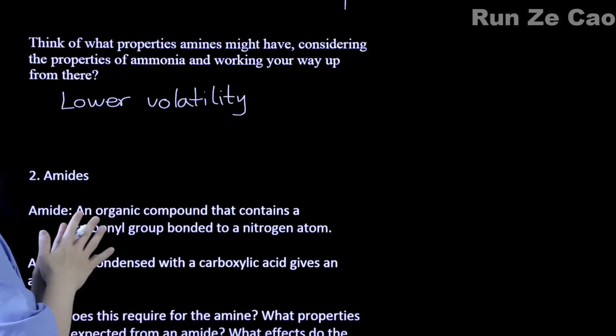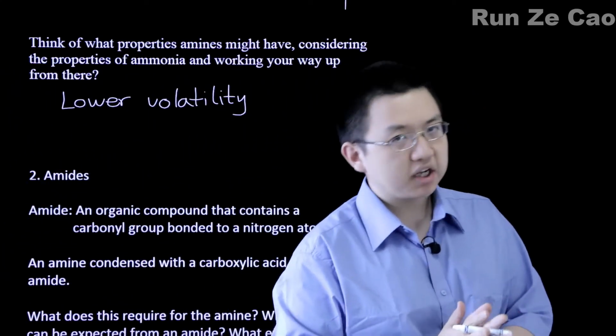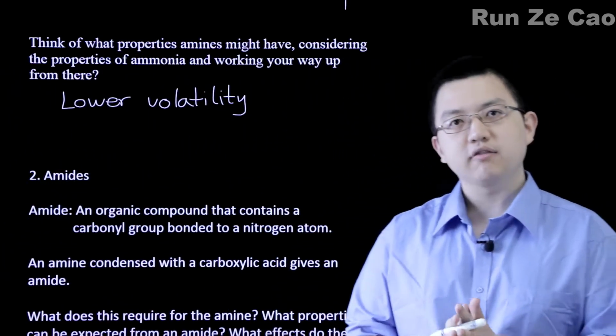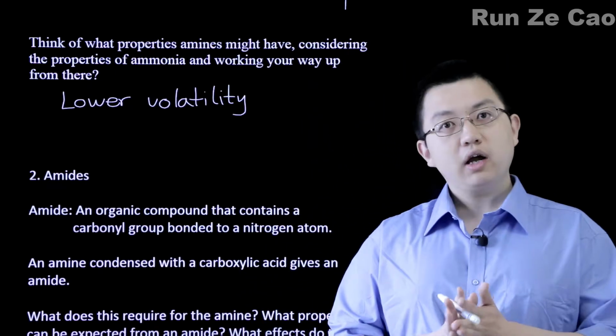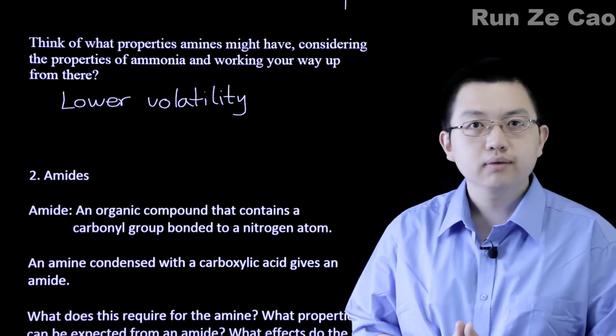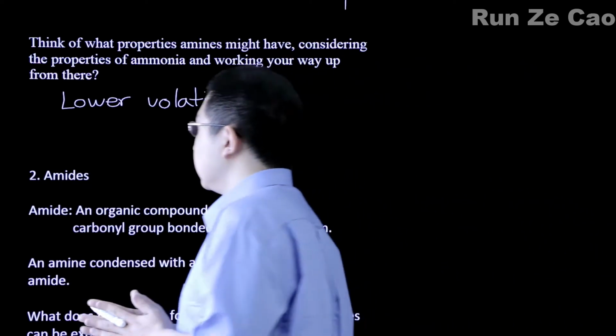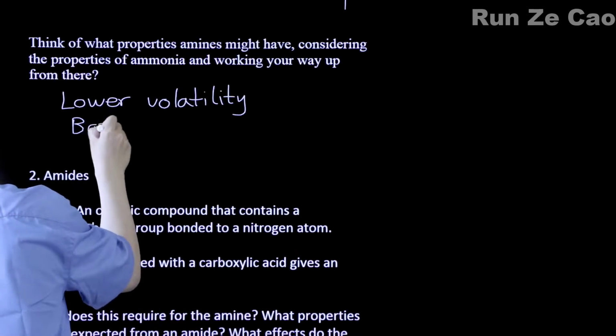Now, what else can we think of? Well, we know that ammonia is basic. It can pick up protons because of nitrogen's lone pair, forming a coordinate bond. So amines have a lone pair. That means they can also do this. So basic, to some degree or another.